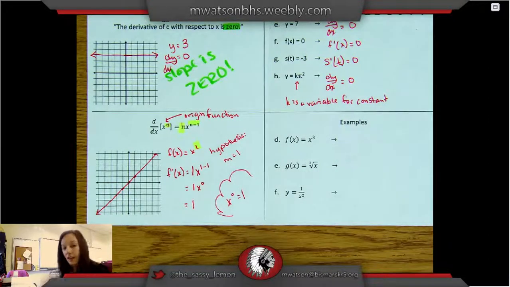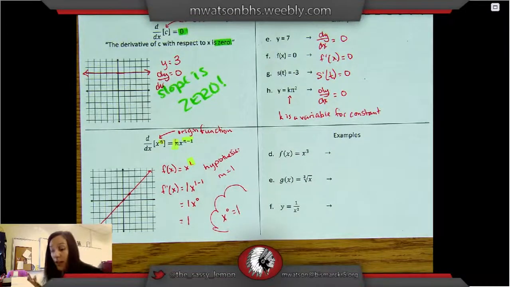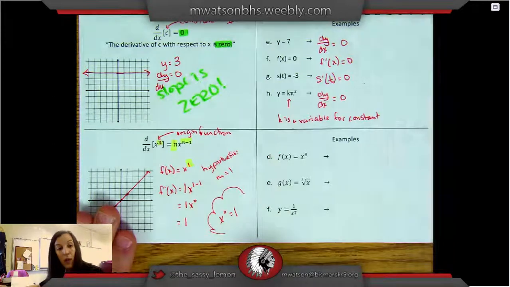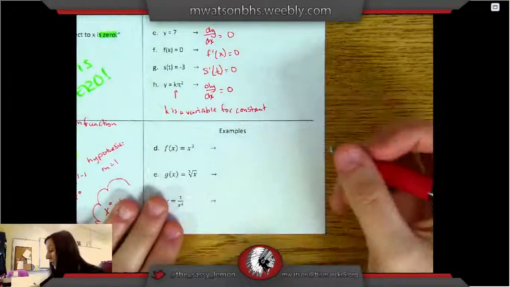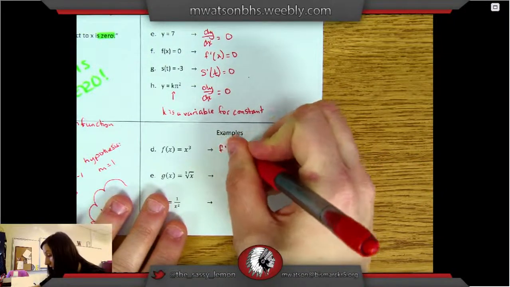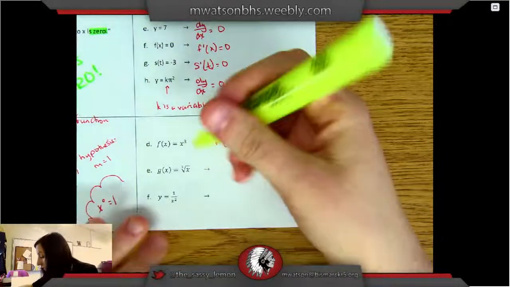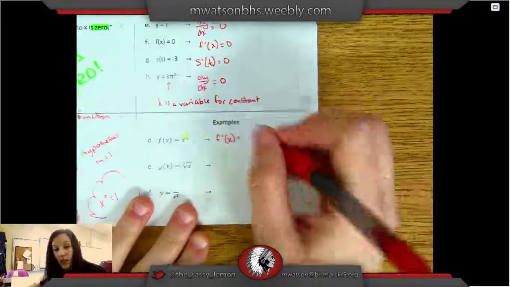This one, like I said, takes a little bit more work because the constant rule, anytime you have the derivative of the constant, is just 0. But here you have to do some math. Whatever your power is, you multiply it to the front and then decrease your power by 1. So let's start with f of x equals x to the third. So we write our notation, f prime of x equals, identify our power as 3, and then we're going to multiply it out front just like our rule says.